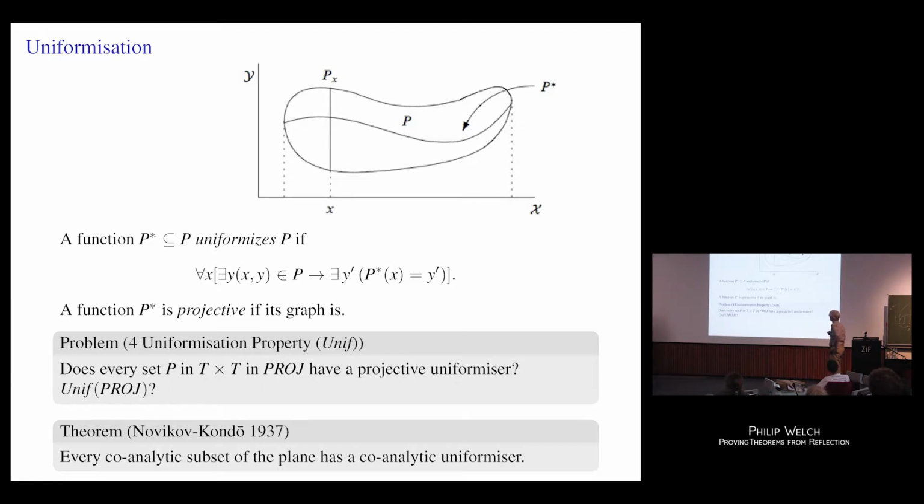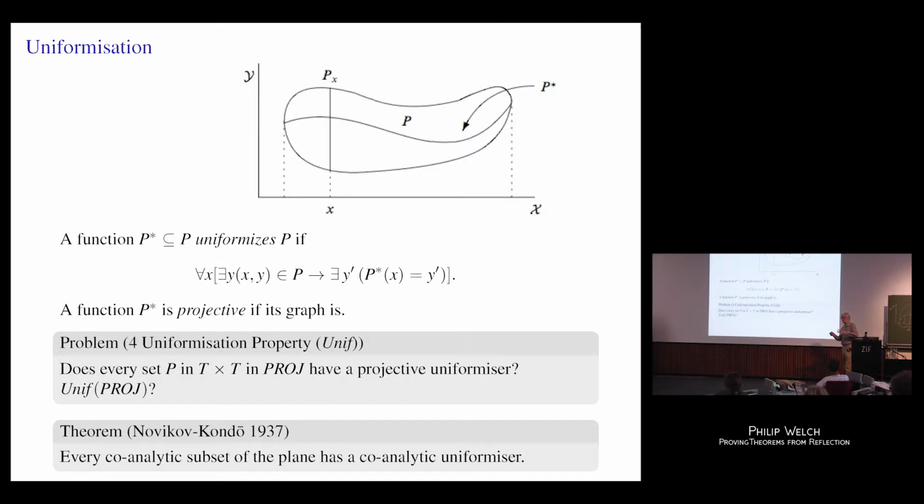And the question that we're asking is, can we uniformize this region here? We'll say that a function P star uniformizes P if, for every X, if there is a Y in the fiber above X such that XY is in the region, here's a typical little XY point, perhaps, then this function P star will actually deliver for us some Y prime in the fiber over X.